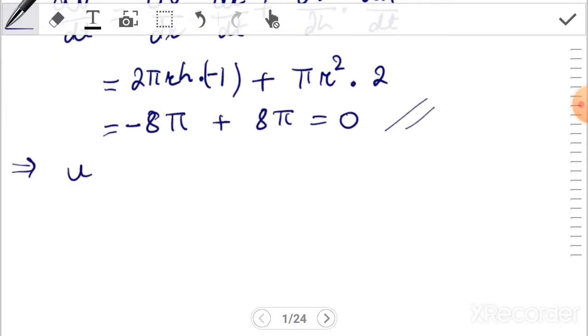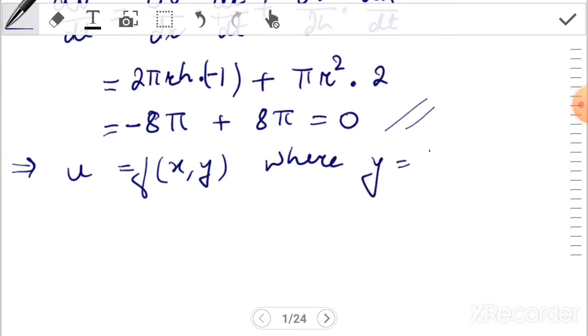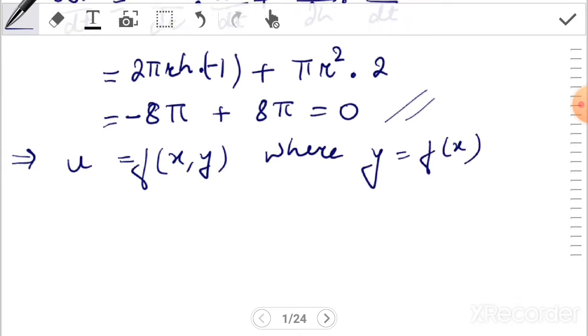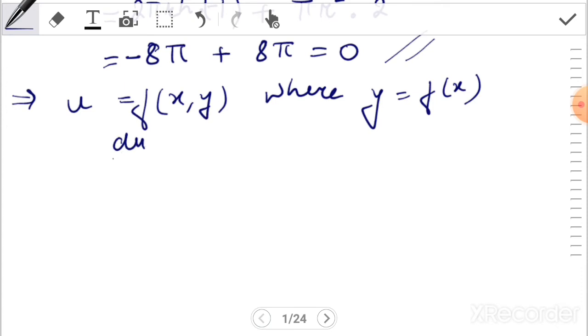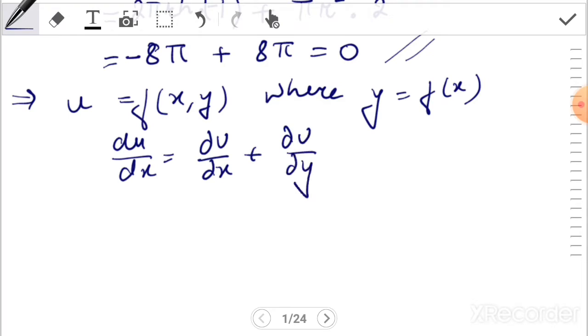Now, if u is a function of x and y, where y is a function of x, then du/dx is given as ∂u/∂x plus ∂u/∂y into dy/dx.